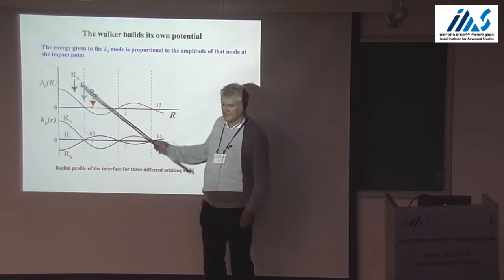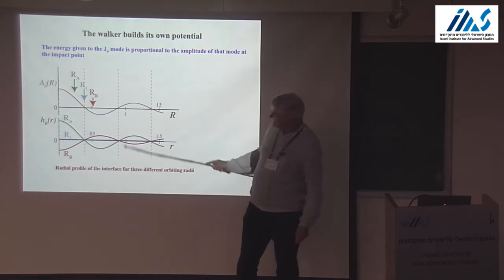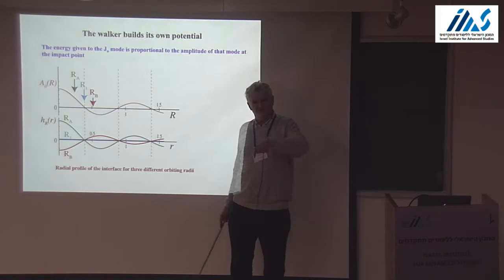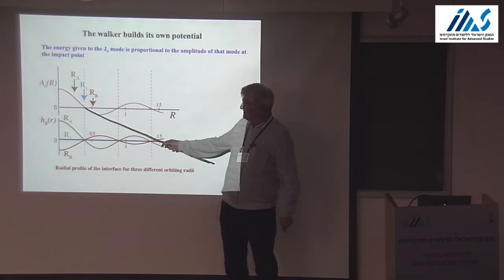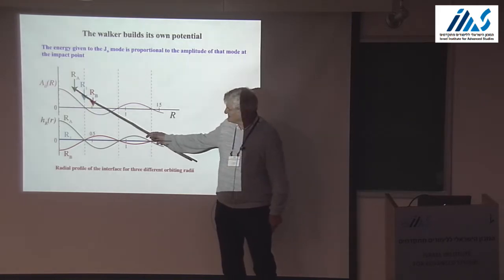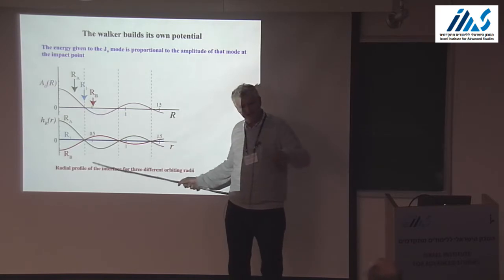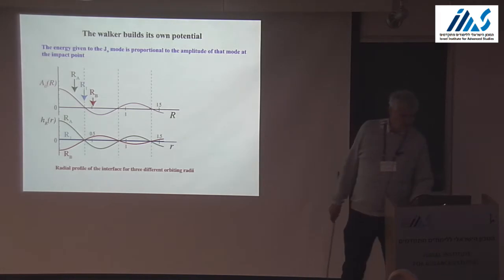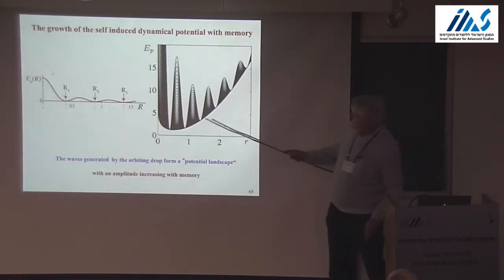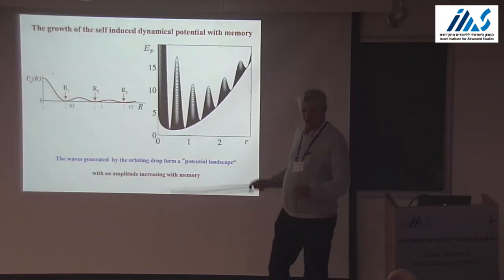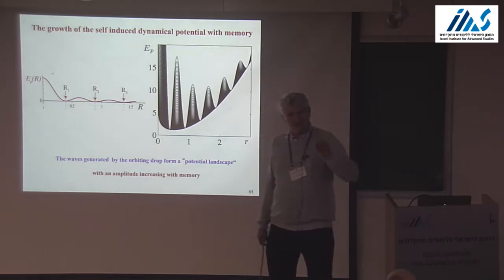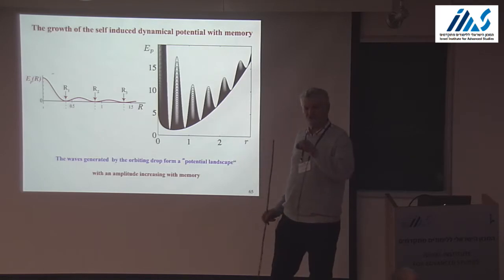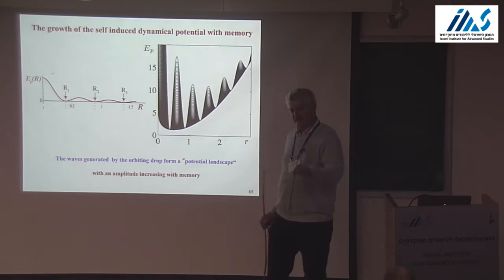And you see the drop during its rotation motion. If it rotates on an orbit which coincides with a node, then it excites no wave. But it excites waves of opposite sign if it is on a slightly larger orbit or slightly smaller orbit. So this means that you create a potential well. This additional potential well is the well corresponding to the additional force created by the wave and acting on the drop.